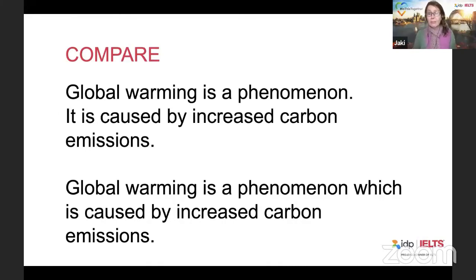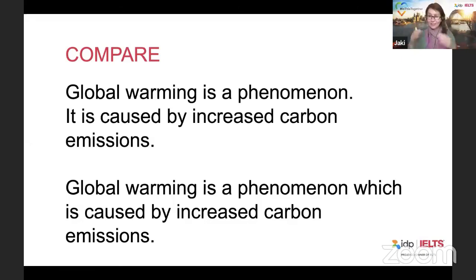Remember that with the grammar, we want a complex sentence. So global warming is a phenomenon. It is caused by increased carbon emissions. So this is 2 sentences. They're both correct. But can you see, do you think Grammarly app will help pick up those mistakes? Oh yeah, you could use the Grammarly app. That's a great idea. But just remember, in the real test, there's no grammar check.